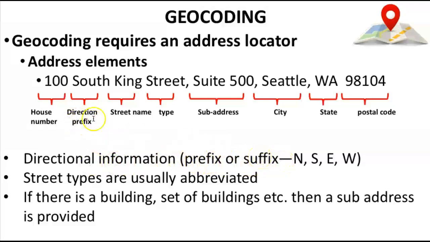The prefix comes first. If you have a suffix, that's going to come at the end. Street types are usually also abbreviated. And if there is a building or a set of buildings, then you will also need to include a subaddress when you are planning your address table.